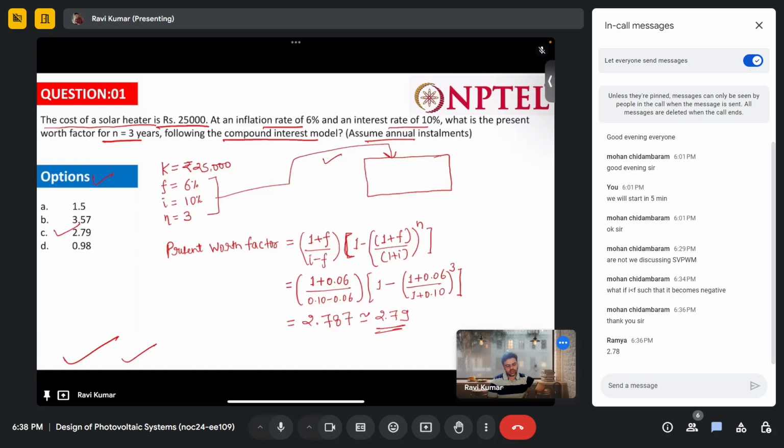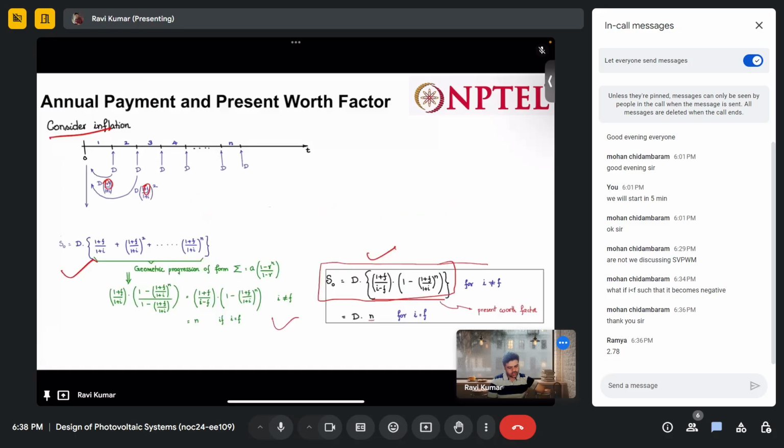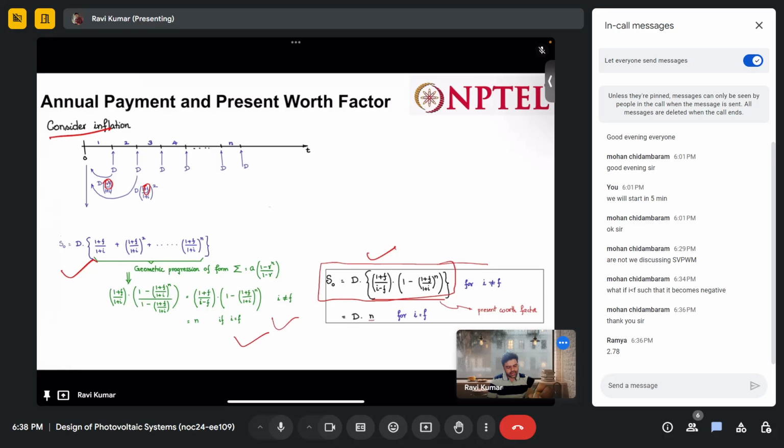See, before, while we were solving this particular thing, we solved this by taking these conditions: I is not equal to f, I equals to f. So we already get this become n, mathematically. So it is equal to n if I equals to f.